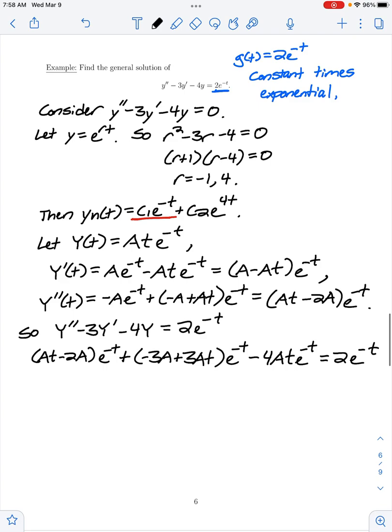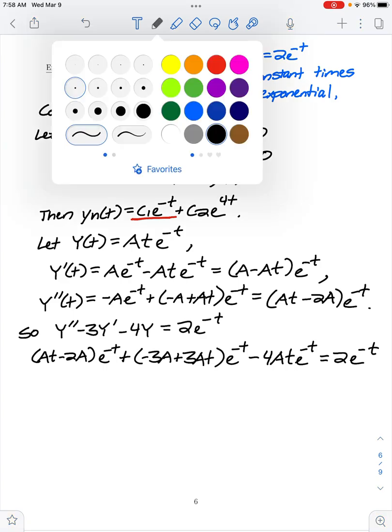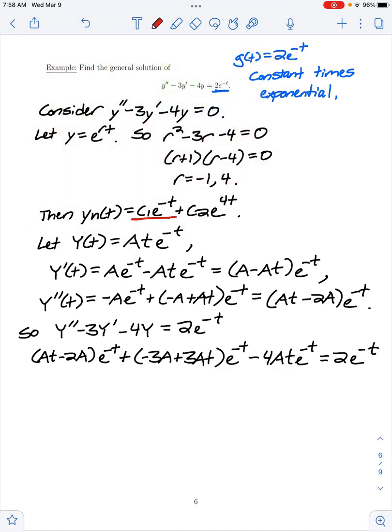So if I expand and collect like terms, let's see what we have. Grouping all of the terms involving t times e to the negative t, we see that we would have 4at e to the negative t minus 4at e to the negative t.